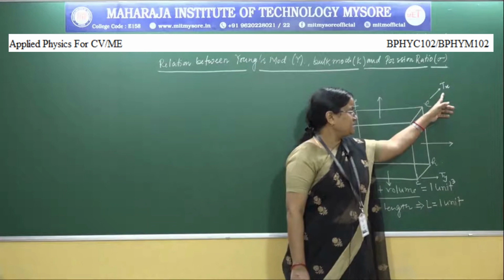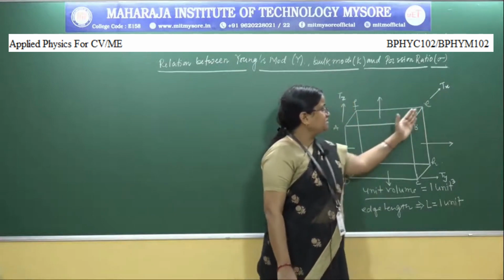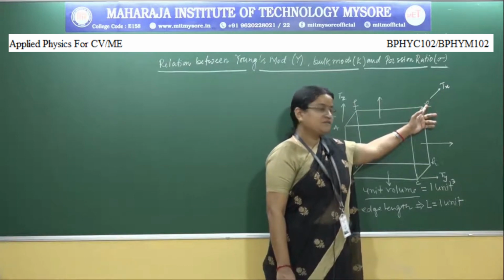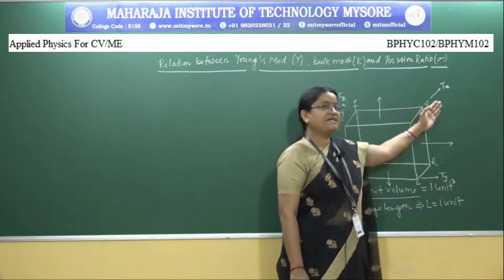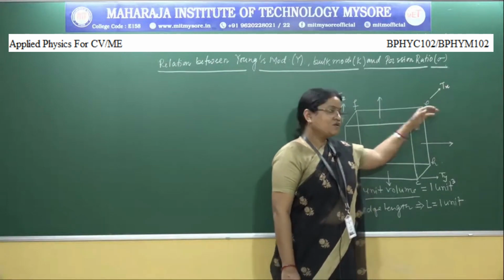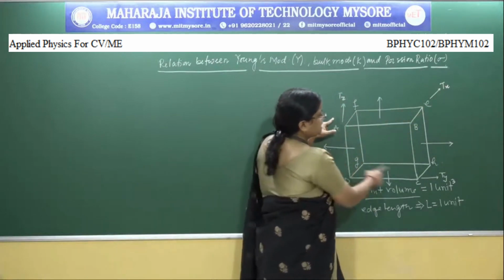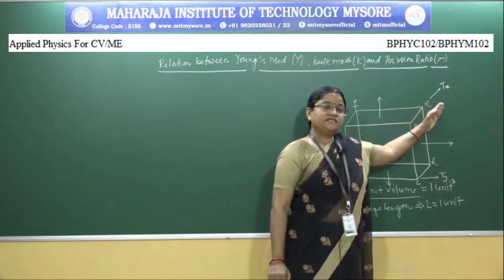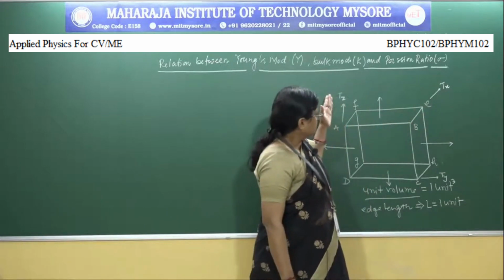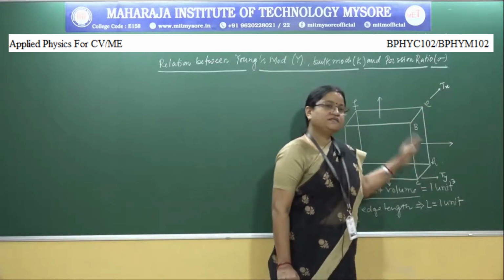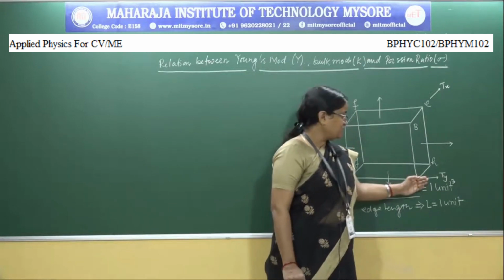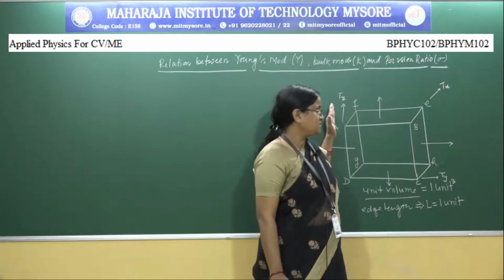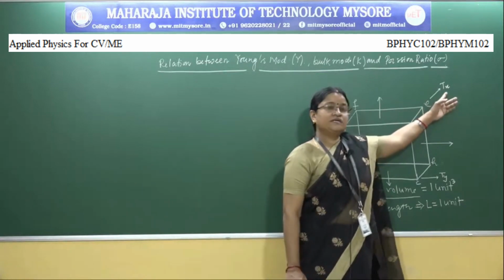if it is Tx. So due to this tension there will be elongation in the direction of x, means there will be longitudinal strain in the x direction, but as the other two sides are perpendicular to the tension Tx, means the tension Ty which is along y axis and the tension Tz which is along the z axis, it is perpendicular to Tx.